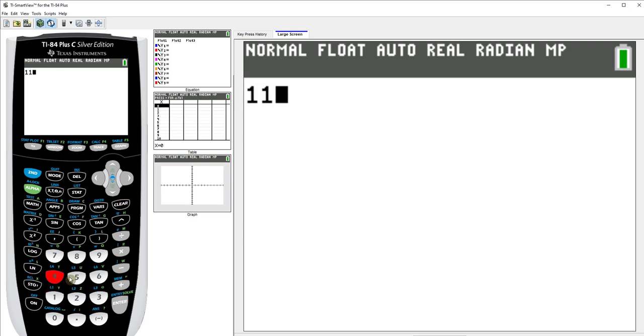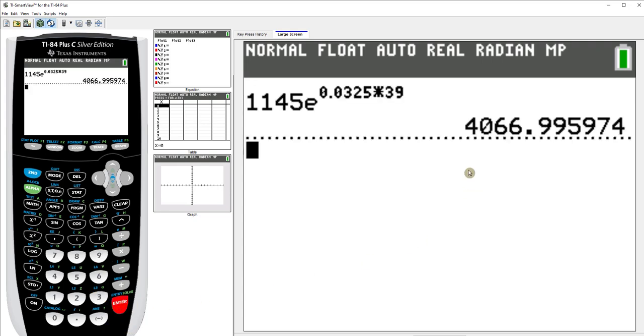We have 1145. I'm going to hit second LN, and then I'm going to type in this exponent, 0.0325 times 39. And as you can see, this is all written as an exponent. And when I hit equal, I get 4066.99.